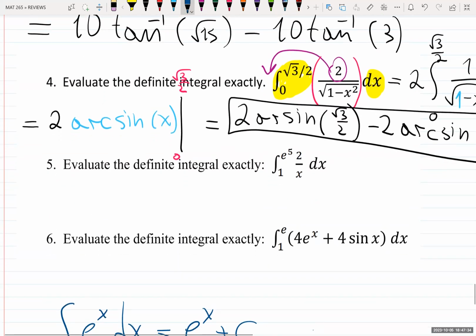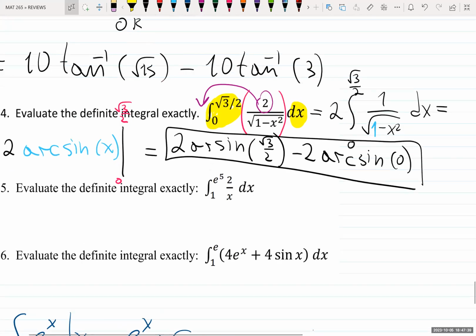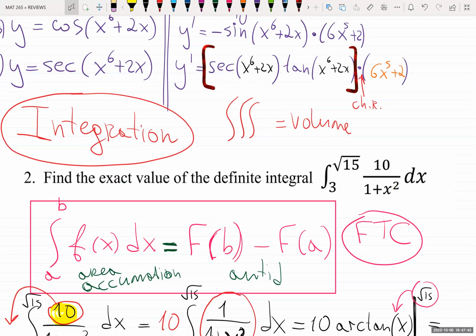Do you know why? First of all, the answer should be an exact number. Over here, integration: definite integral gives you a number.